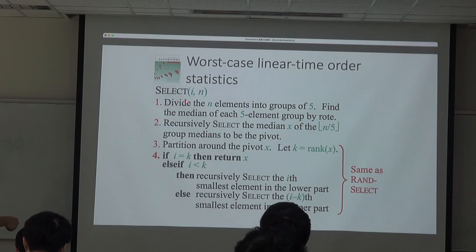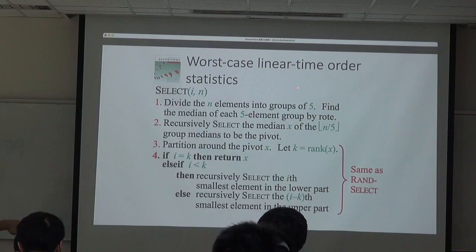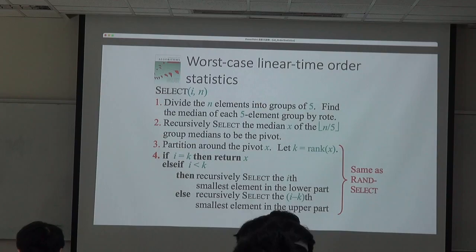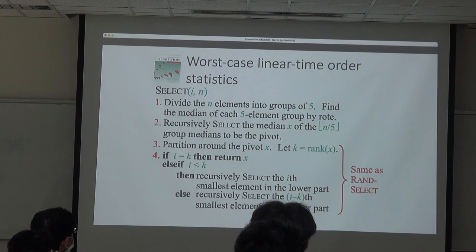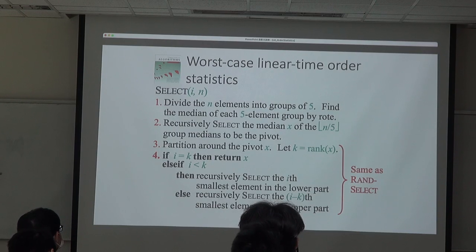Find the median of each group of 5 elements. Basically, you can quickly examine 5 numbers and determine which one is the median, right? With a constant number of comparisons, you can tell which of these 5 elements is the median.